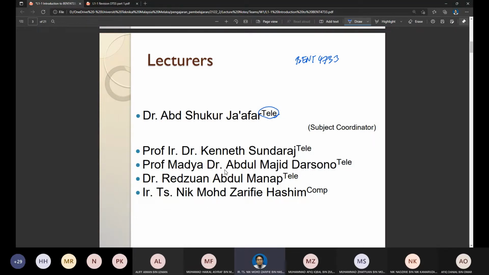Dr. Kenneth Sundaraj, also from the telecommunication department, and Associate Professor Dr. Abdul Majid, also in telecommunication, and Dr. Ridwan Abdul Manap, also from telecommunication, and one and only from the computer department, which is me. Okay. So the same name as Nazri. We are holding the same name, by the way.